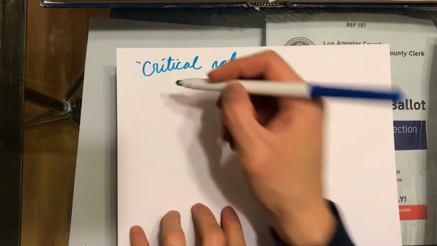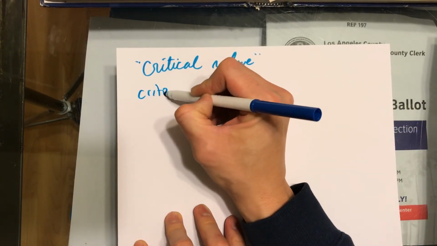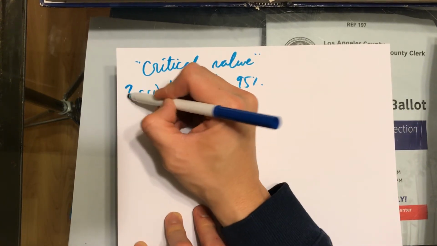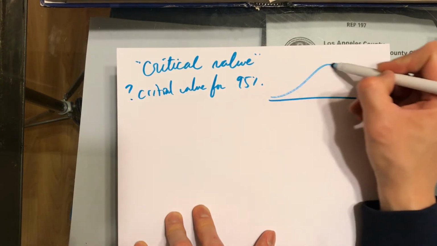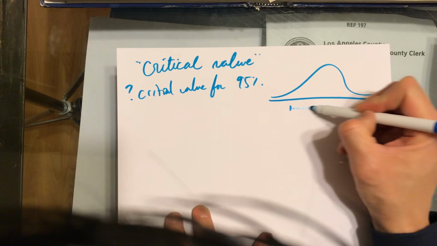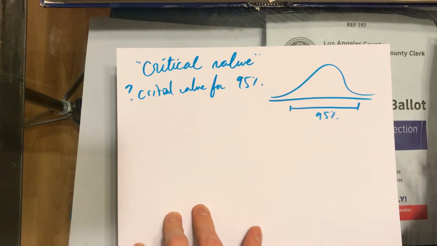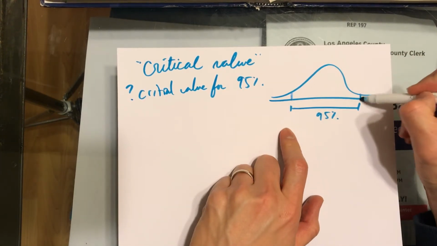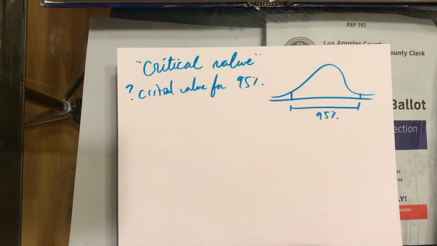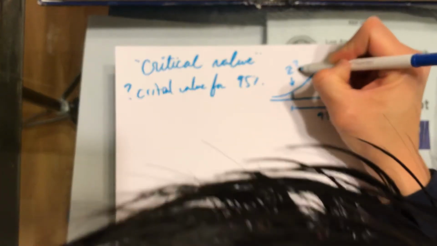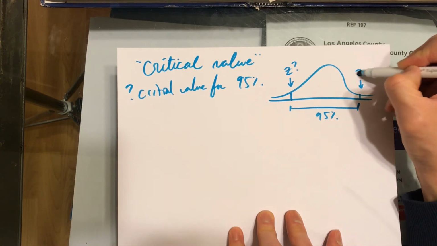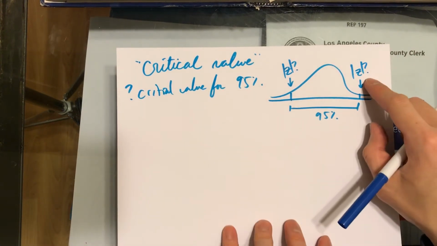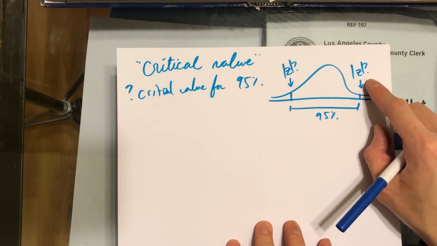So if we want to find, let's say, the critical value for 95%. What this is saying is, let's draw a normal curve. Okay, that normal curve is back. And for 95%, we want 95% of our values to be within whatever these two cutoff points are right here. Okay. So what we're actually looking for is, what is the absolute value of the z-score right here? So do you remember how you would do this?